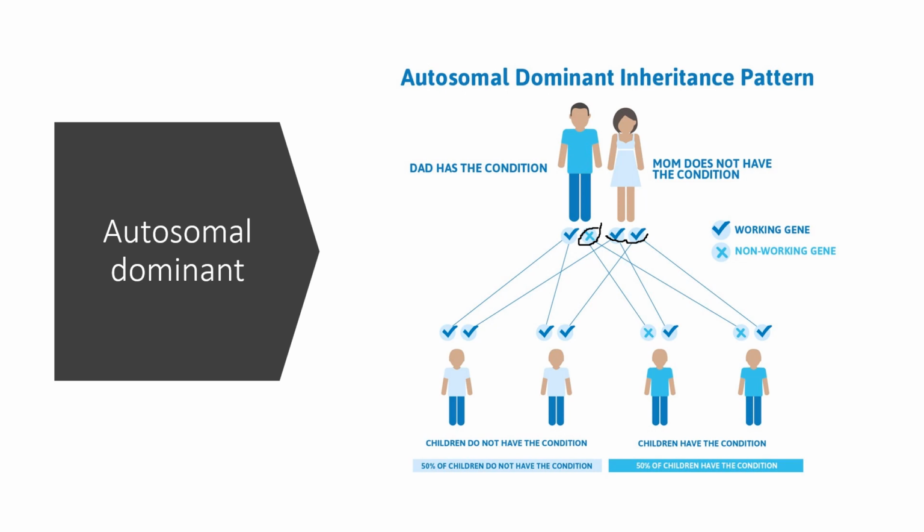So this leads to the conclusion that the ratio of children who have the condition to children who don't have the condition is 1 to 1.